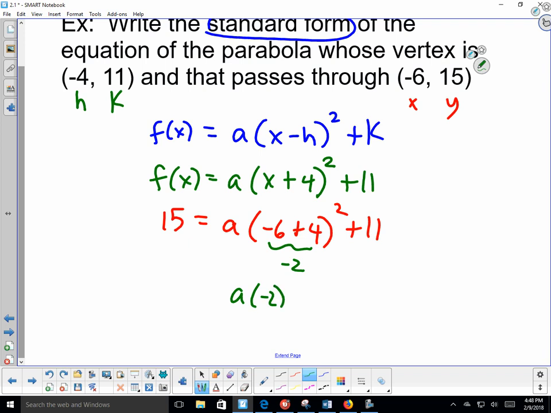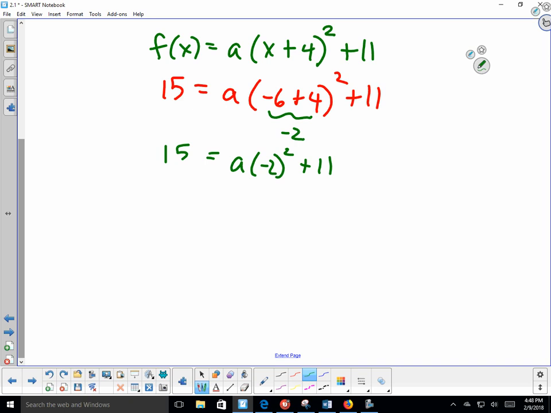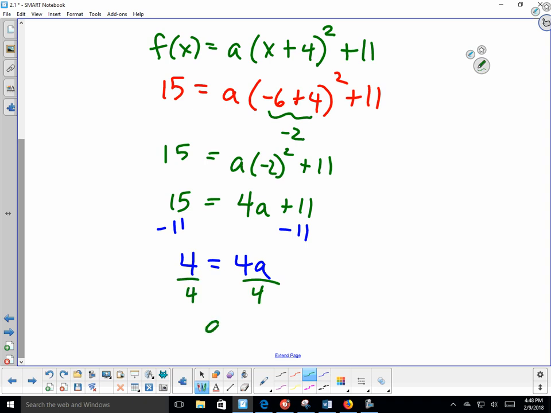So I've got a times negative 2 squared plus 11 equaling 15. Negative 2 quantity squared is a positive 4. So I get 4a plus 11 equals 15. I'm going to subtract 11 from both sides. So I get 4 equals 4a. And I divide by 4. And it turns out that a, for this example, is equal to 1.